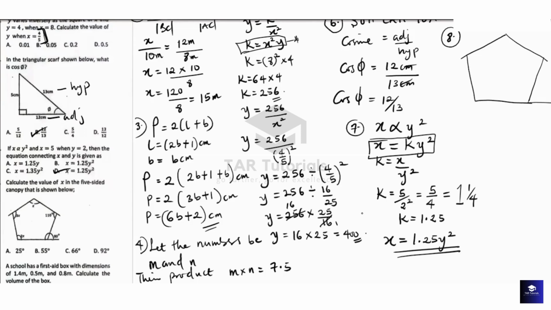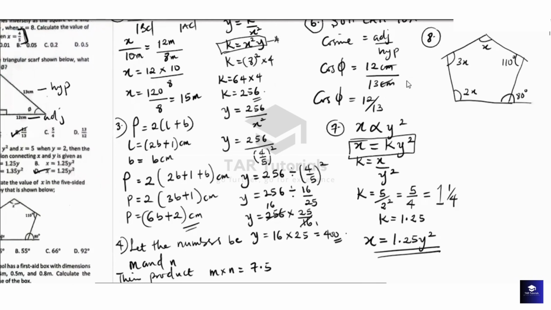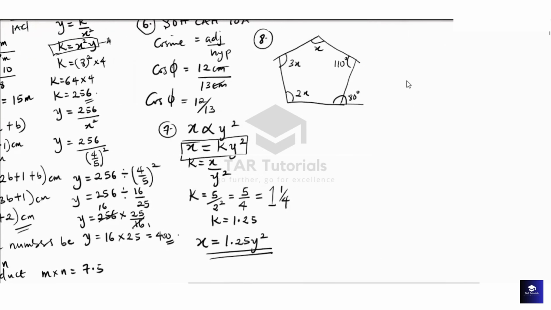So we have one of the angles sticking out, 80 degrees, 110 degrees, x degrees. We have 3x and we have 2x. Now we are looking for the value of x.